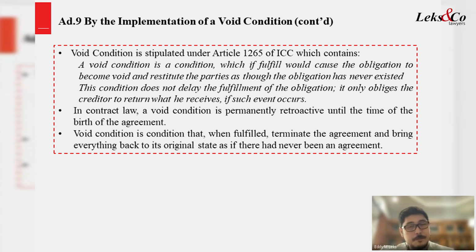Not every agreement can be just null and void. Rental agreement, labor agreement, employment agreement: how do you return the comfort that you have enjoyed during the lease period? Employment agreement: how can you return the services from your employee that you have enjoyed as boss, for example?